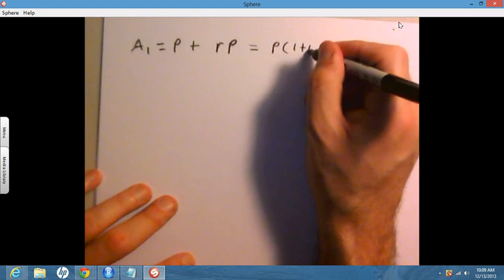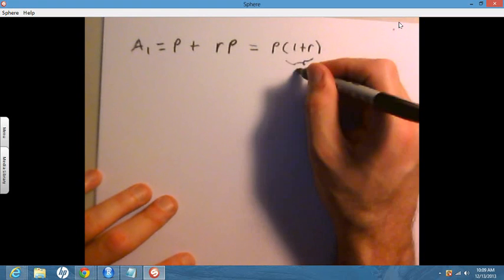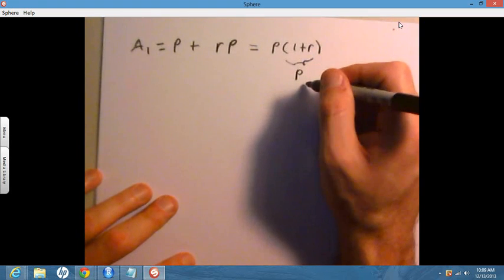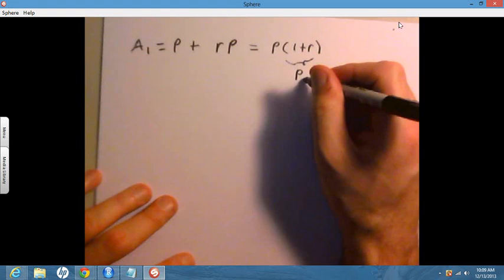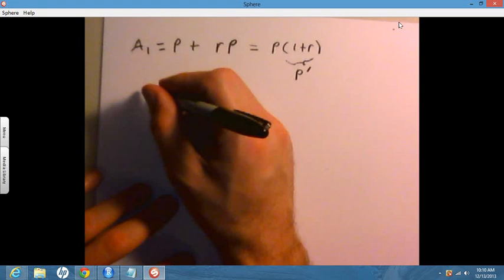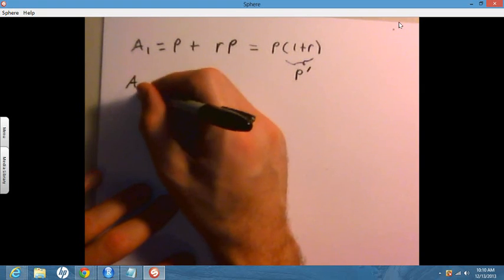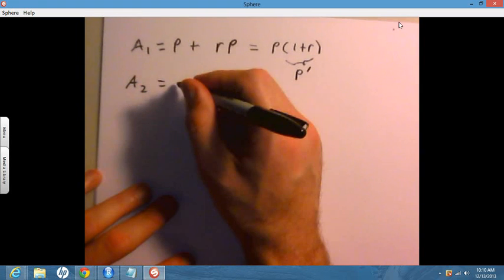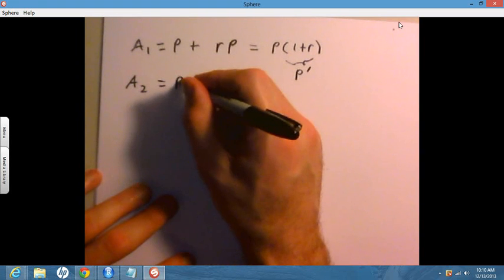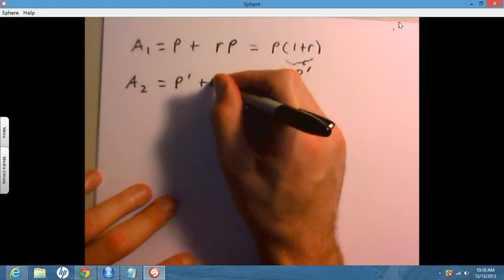Now I'm going to go ahead and label this amount as P prime. All right. Now, if I reinvest P prime in the bank account for another year, I'll have A2 equal to my initial investment for that second year, which is P prime, plus the same interest rate, I'll assume, times P prime.